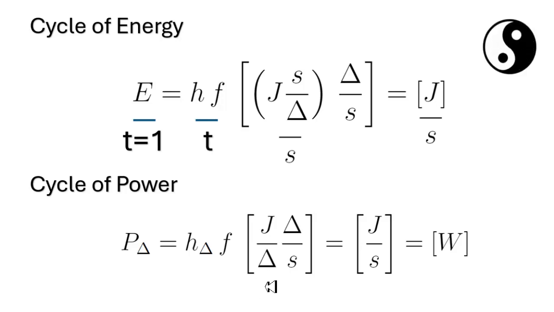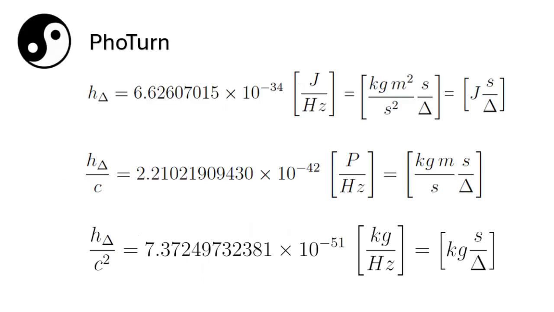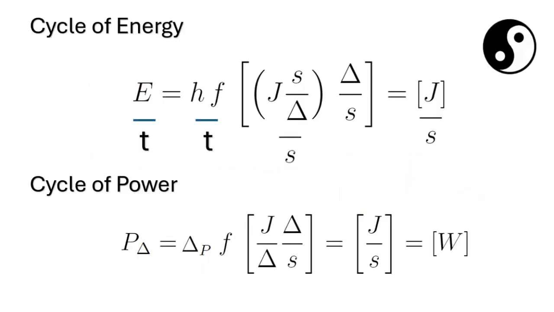It's just a different way of writing it. And so what I do in this video is I use a different symbol. The delta P is the quantum of power, the cycle of power. It's numerically identical to Planck's constant. Okay, only I'm giving it a different symbol because it has different units.